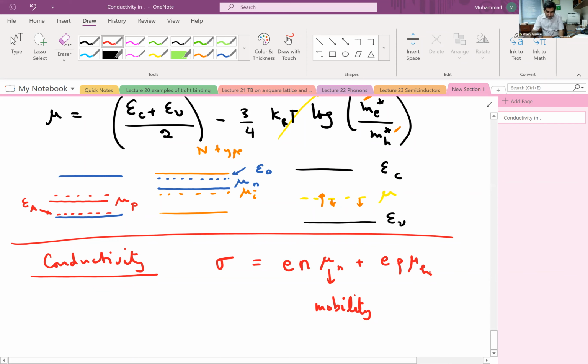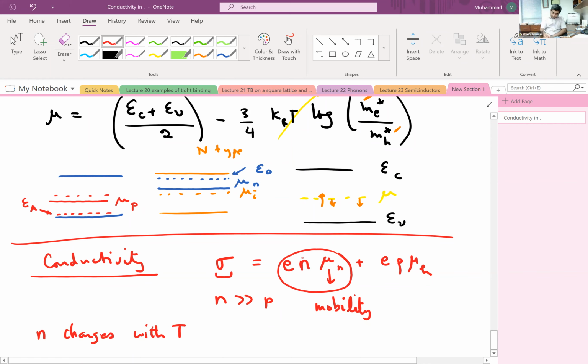So now if we really want to find out the conductivity, for an N-type material, N could be larger than P, by the way. So all of the conductivity is primarily coming from the electrons. So we really need to find out how the concentration N changes with T. We want to find out how conductivity changes with temperature.